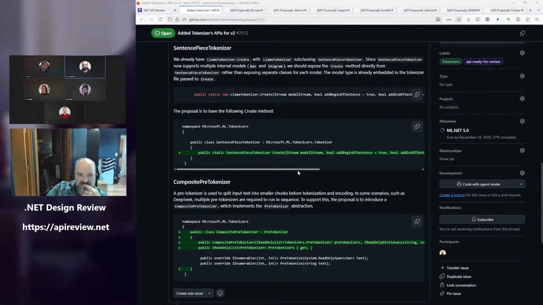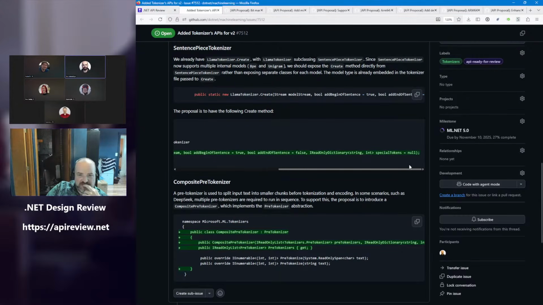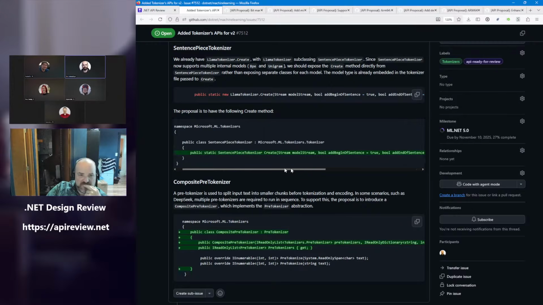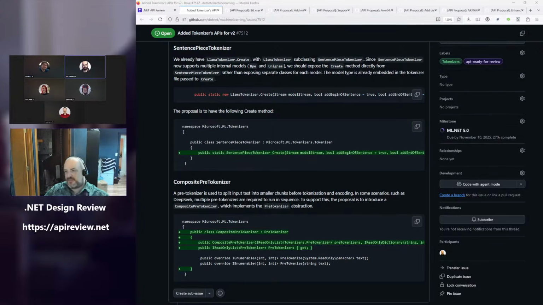In the previous version of the tokenizer, we supported a tokenizer called Llama tokenizer to support the Llama model, and the Llama model was based on the SentencePiece tokenizer. This is why we had LlamaTokenizer.Create, which exists today.